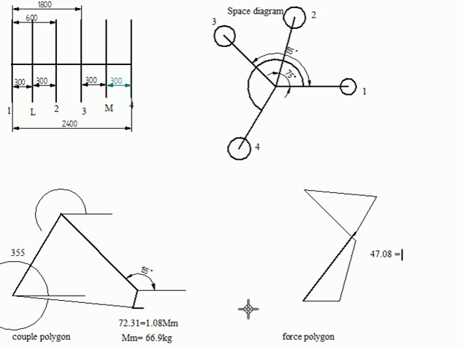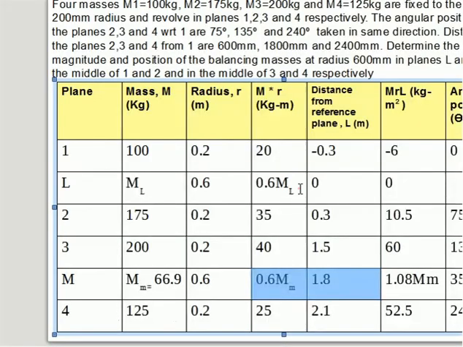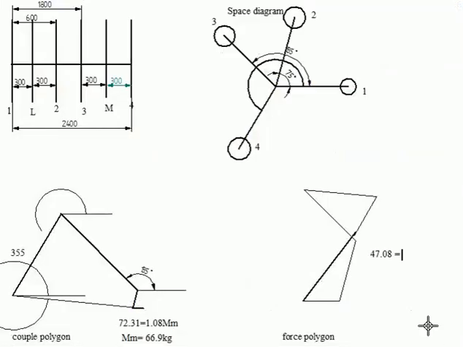You have to equate this with the unknown value, 0.6 times ml. You have to consider the scale factor also. You will get the ml value as 78.33 kg.